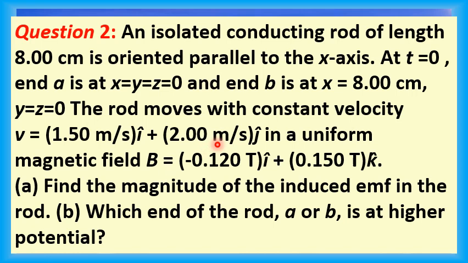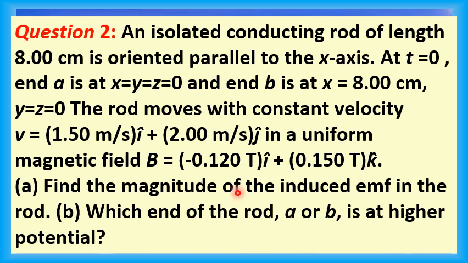And the vertical component, or the y component, is 2.00 meters per second, in a uniform magnetic field B, also given in terms of the x and z components, that is negative 0.120 Tesla, the horizontal component, and 0.150 Tesla for the z component.